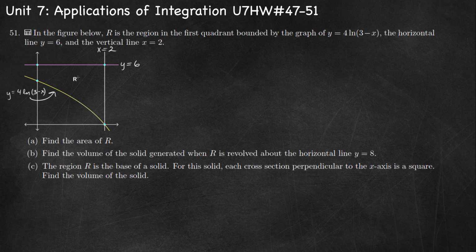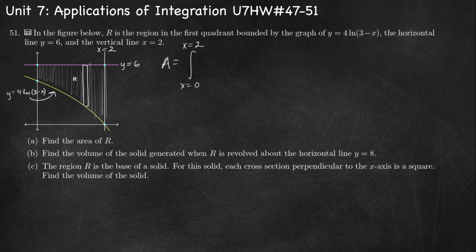So if we're doing this as a dx problem, I'll draw a reference rectangle here. This is the area I'm looking for. And it's a dx problem, so I'm just integrating from x equals 0 to x equals 2.